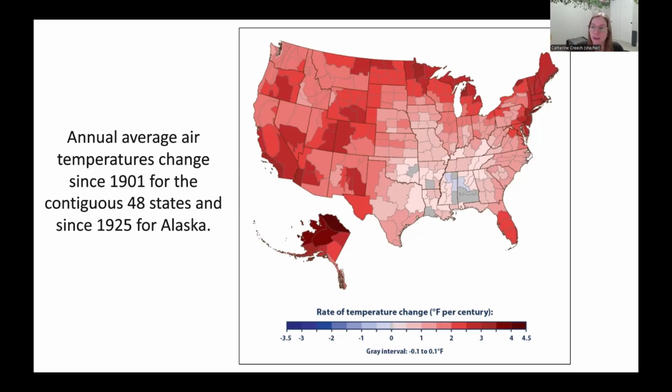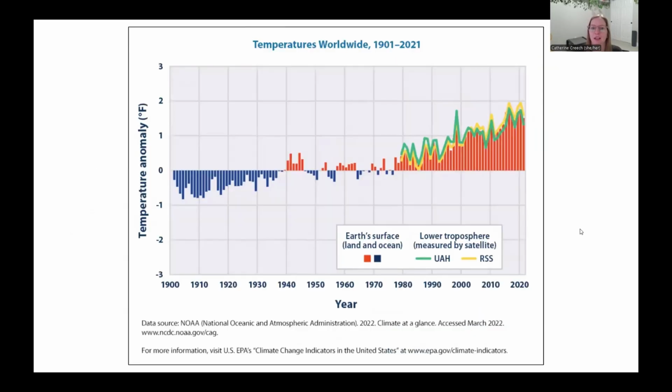We're going to have variable outcomes depending where you are. Latitude and longitude and habitat have a huge part to play in that. So really interesting that there's going to be some places that have cold and some places that have hot, but we do see a distinct trend. The majority of the United States has been warming the last 100 years.